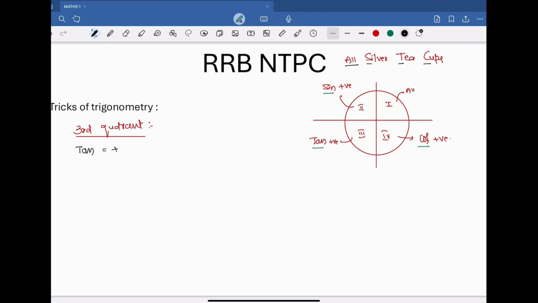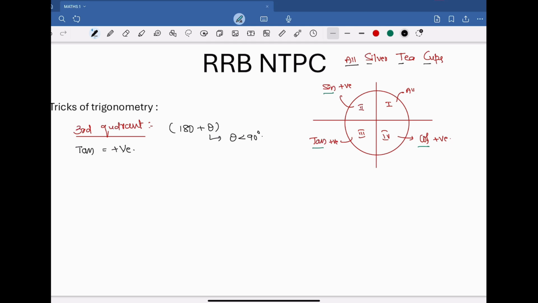Now, in the third quadrant, what is the rule? Tan is positive. What is the third quadrant? The third quadrant can be 180 plus theta, where theta is less than 90 degrees. It is in the third quadrant. I am not talking about the border of third and fourth quadrant.